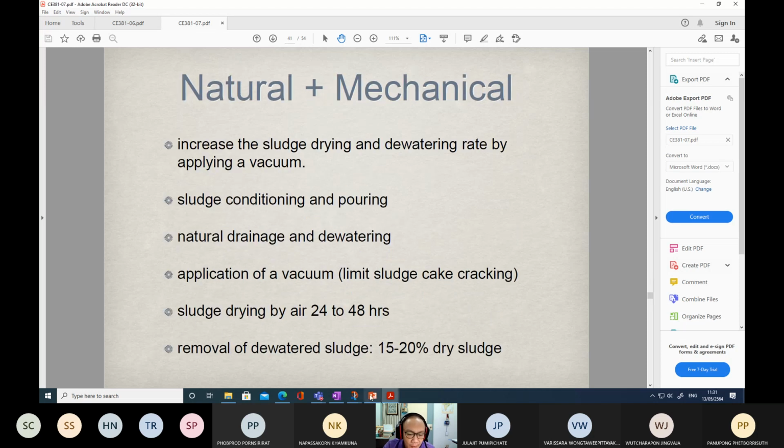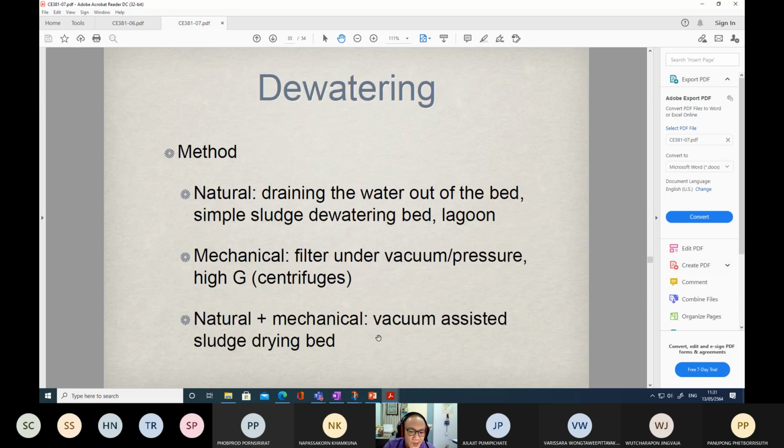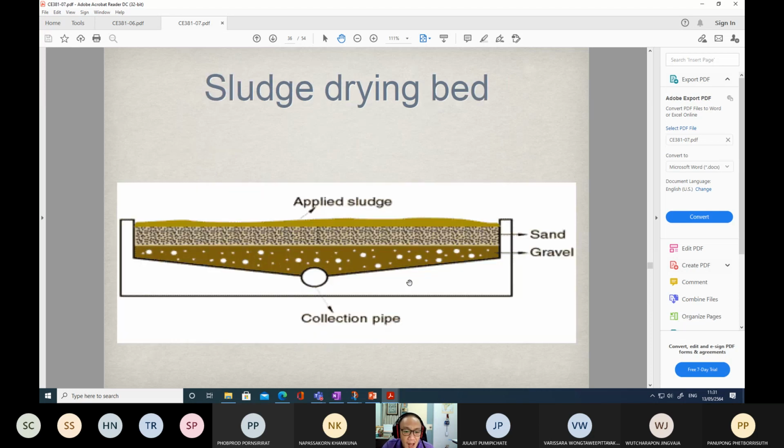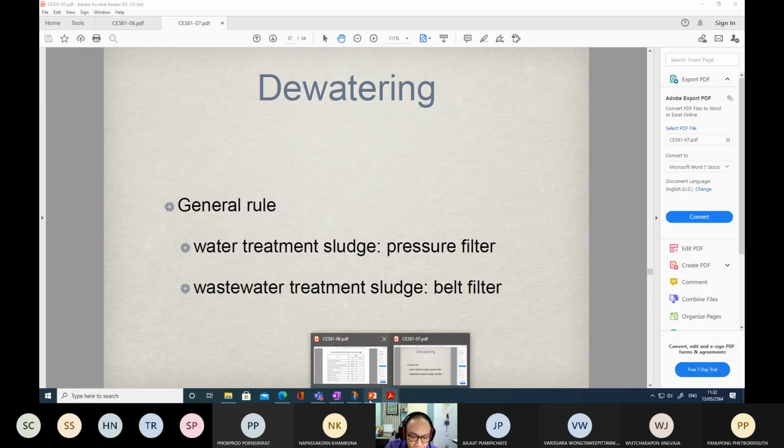Then for the mechanical dewatering process, we normally use either the filter press or the belt press. The filter press is commonly used for water treatment sludge, but the belt press we normally use for wastewater treatment sludge.